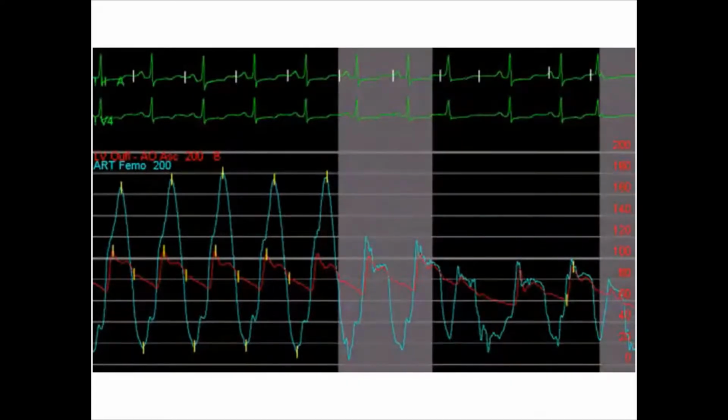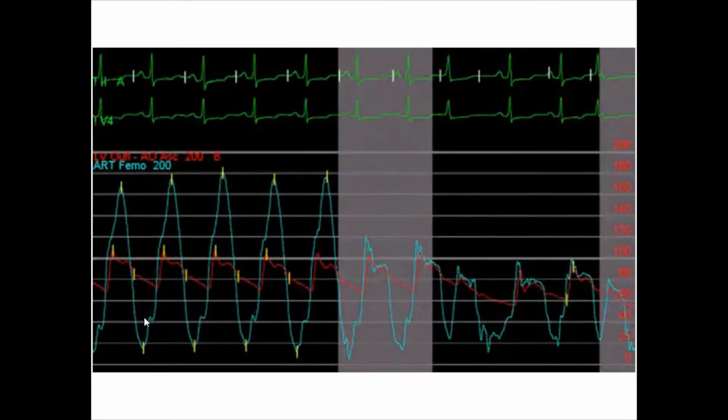This is hemodynamic tracing, simultaneous hemodynamic tracing, between the LV and the pulmonary capillary wedge pressure. Which one is the LV and which one is the pulmonary capillary wedge pressure? The red is the pulmonary capillary. The scale is 0 to 200.